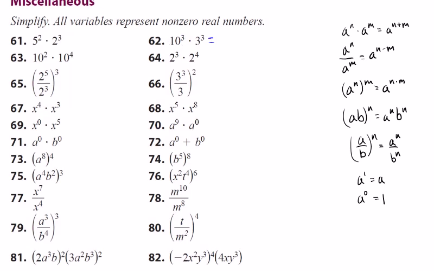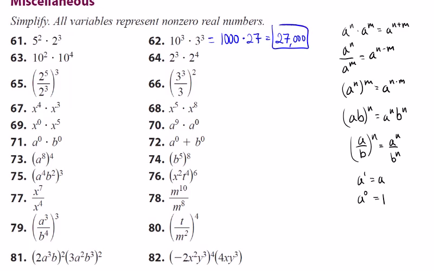So 10 cubed, I'm going to evaluate that. That would be 1,000. I'll show you a trick with powers of 10 in class. And then 3 cubed is 27. So 1,000 times 27 is 27,000.